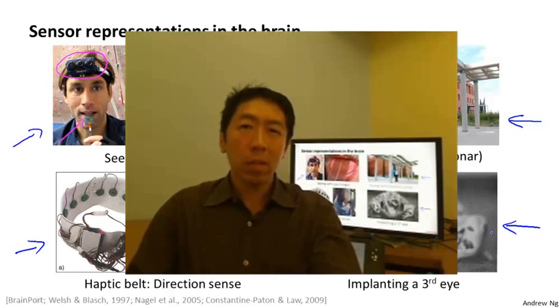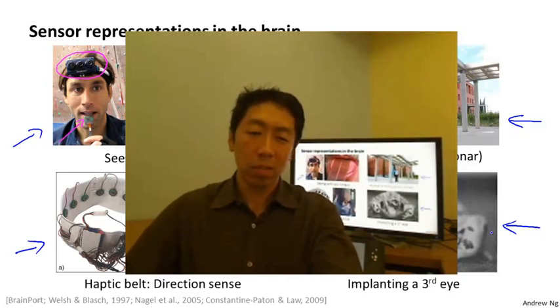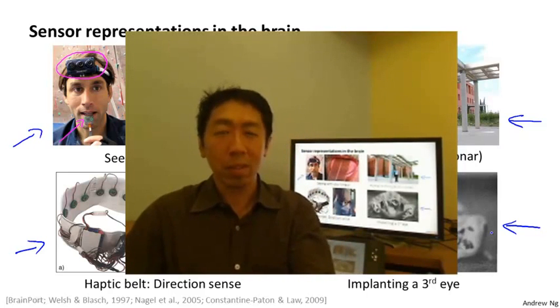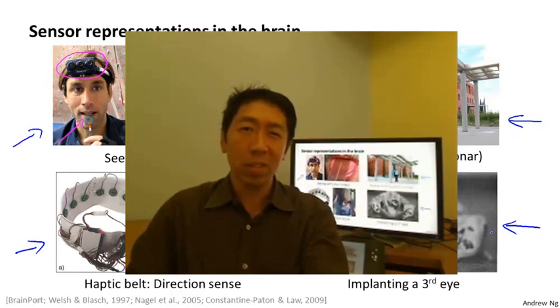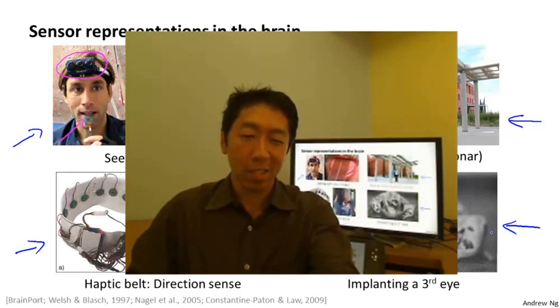Now, of course, I'm not teaching neural networks just because they might give us a window into this far-off AI dream, even though that's one of the things that I personally work on in my research life. But the main reason I'm teaching neural networks in this class is because it's actually a very effective state-of-the-art technique for modern-day machine learning applications.